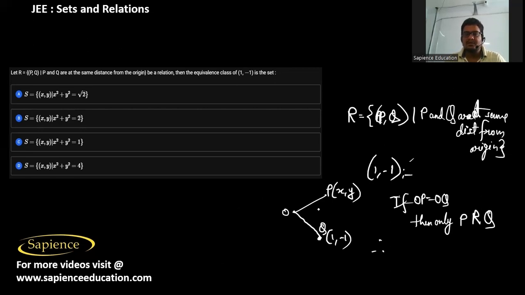So therefore it means that distance OP, that is square root of x square plus y square, should be equal to square root of 1 square plus 1 square, which is equal to 2. So therefore x square plus y square should be equal to 2.